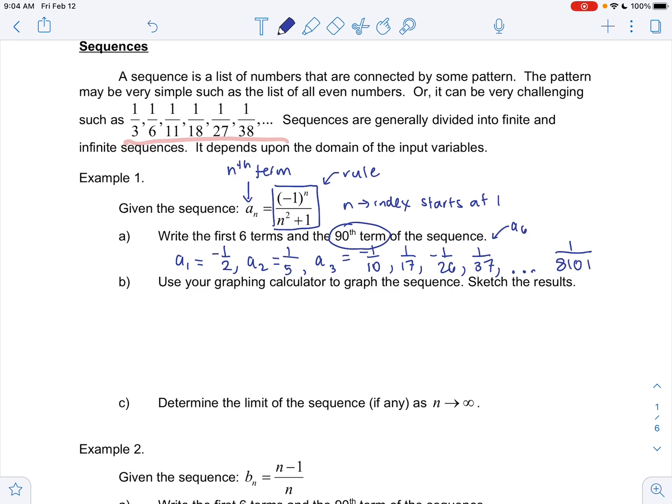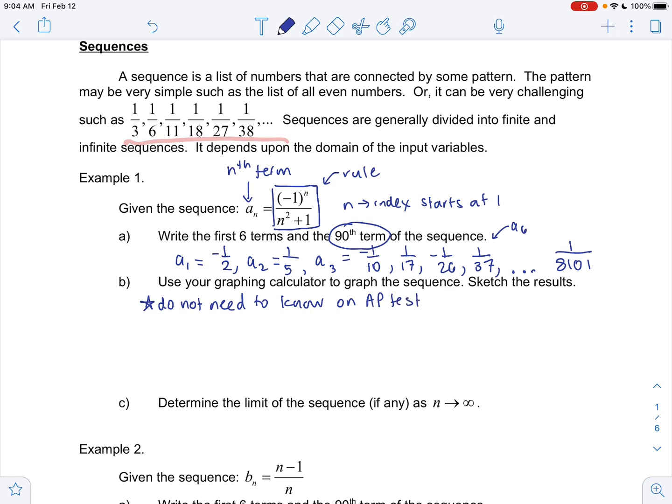Okay, we're not going to worry about part B. If we have time at the beginning of next class, I'll show you how to do this. However, you do not need to know how to graph a sequence on the AP test.